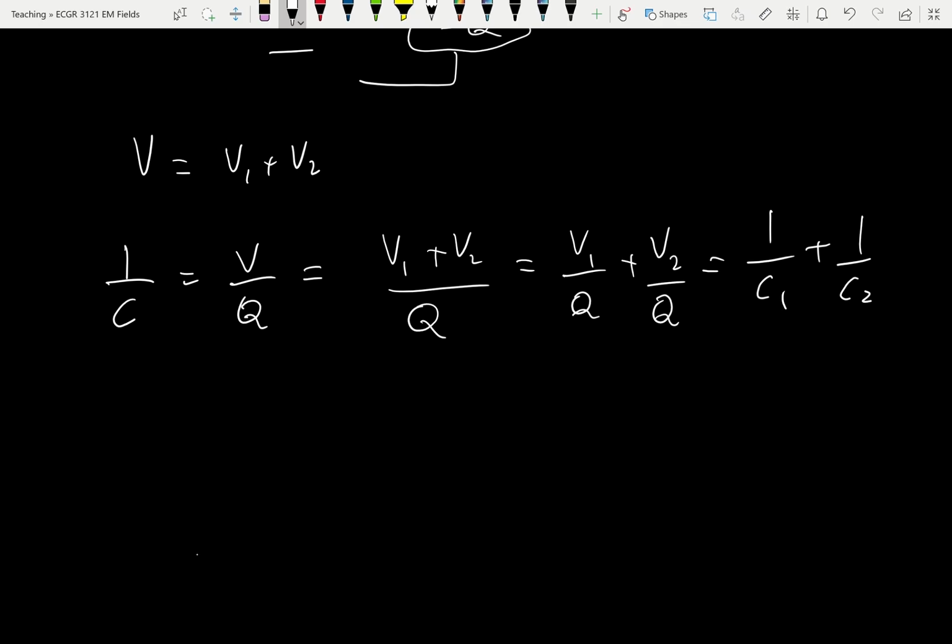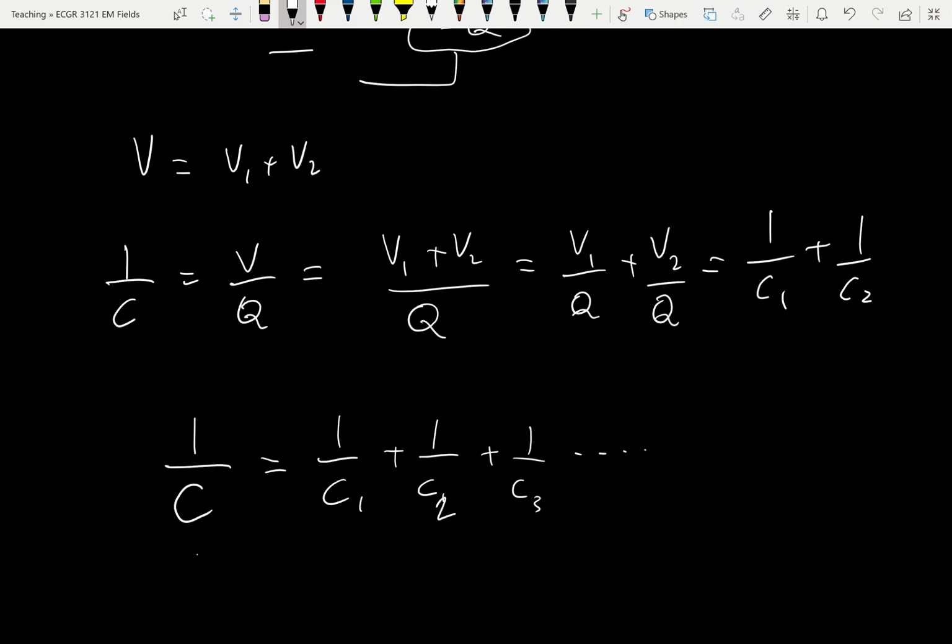Okay, so for series connected capacitors, the inverse of the equivalent capacitance is just the sum of the inverses of the individual capacitors of the series connection.